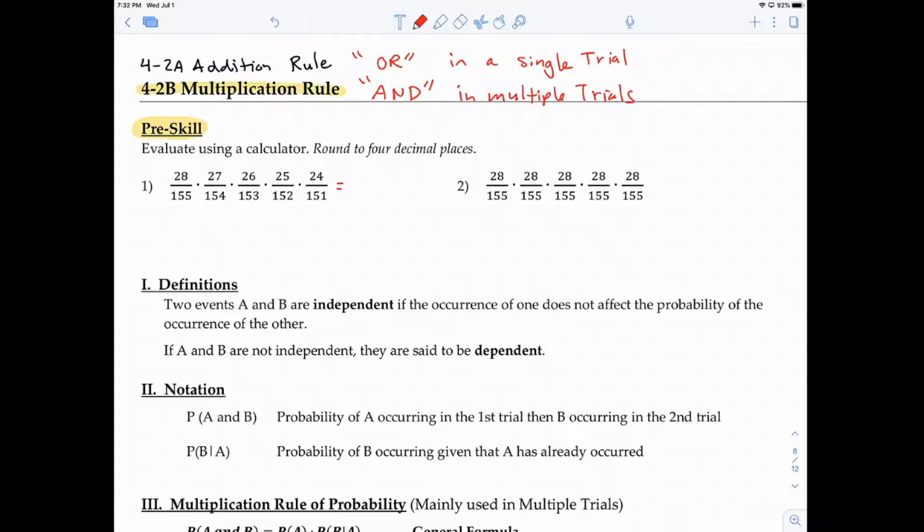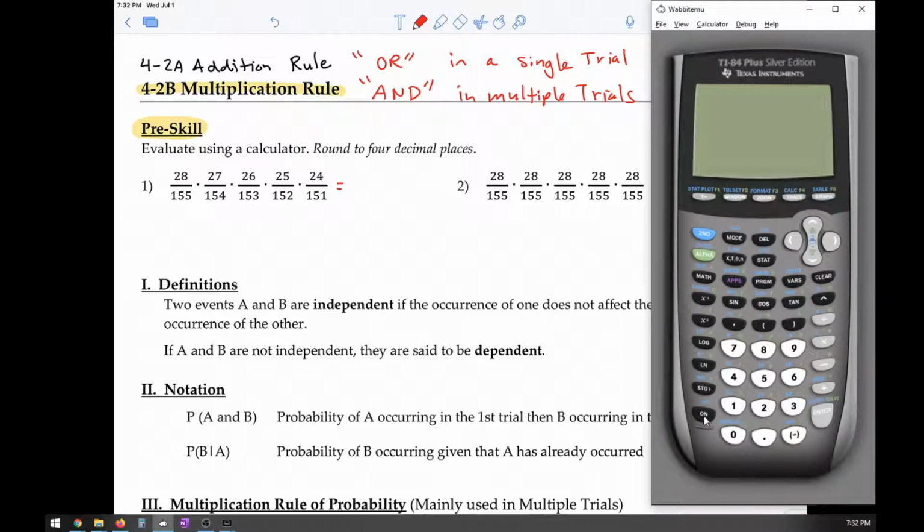Using the TI-84 calculator, here's a handy way you can do this. You know that in the numerator, it's the product of the numerators, and in the denominator, you have the product of the denominators.